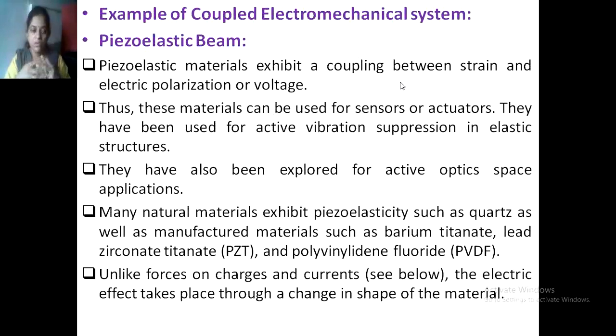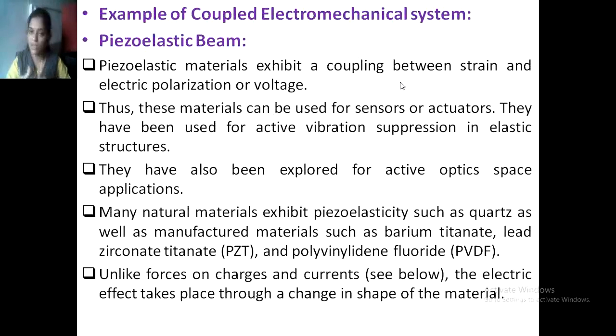So these materials can be used as a sensor and actuator, for active vibration suppression in elastic structures, and they have also been explored for active optics space applications. Many materials exhibit piezoelasticity, such as quartz as well as manufactured materials.